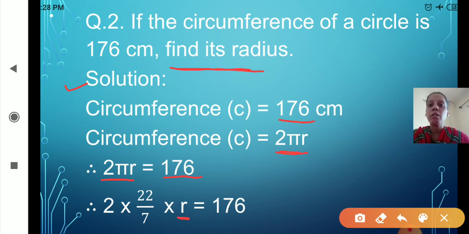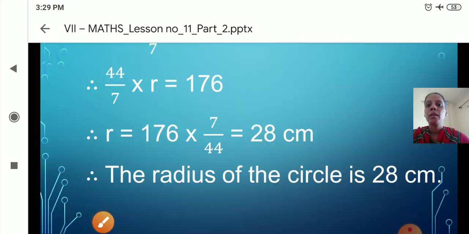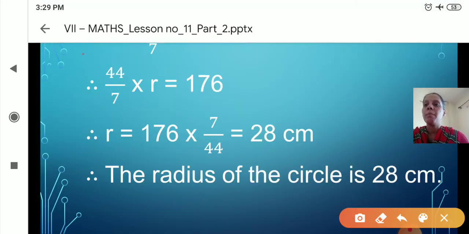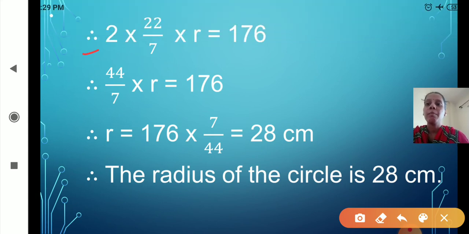Now put the value. C, the circumference, is 176, which is given in the question. 2 multiplied by pi, which is 22 upon 7, multiplied by r as it is, because this radius we have to find out. So the next step: 2 multiplied by 22 upon 7 multiplied by r is equal to 176.